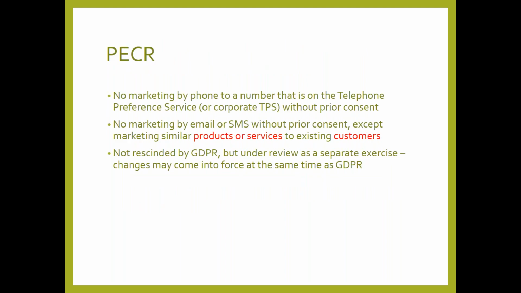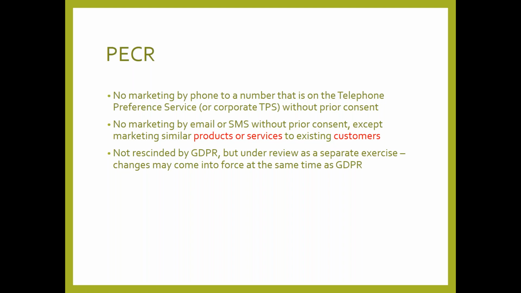So the only thing that changes that is that the Privacy and Electronic Communications regulations, when talking about marketing by electronic means, give you some situations where it says explicitly that you do have to have consent.